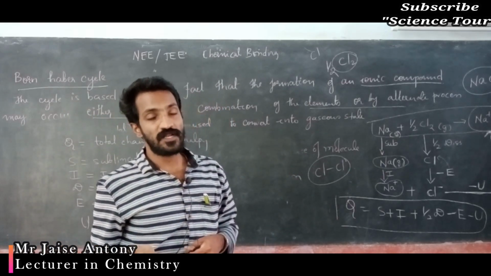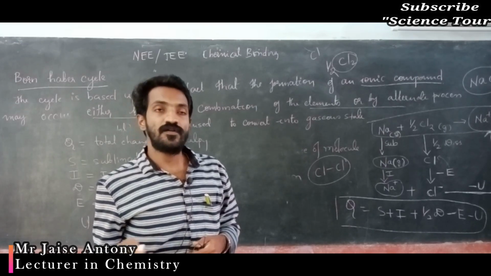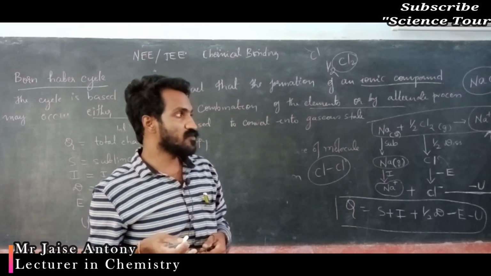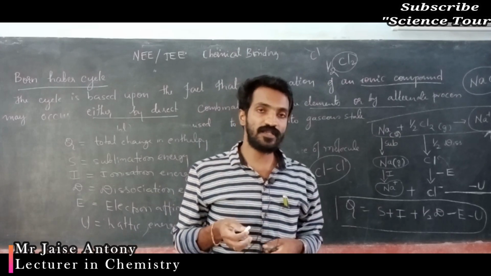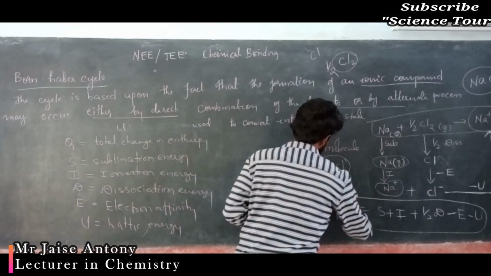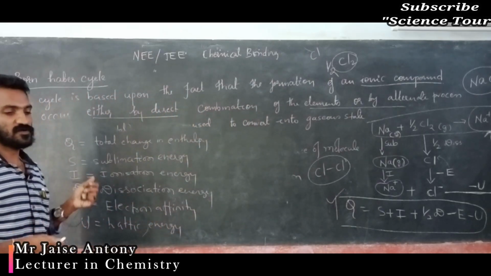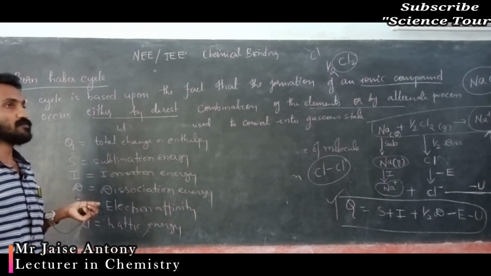That is called cycles of operation, which take place to form 1 mole of crystal lattice, and it is called the Born-Haber cycle. That is not much important, my dear students, but studying this formula is enough. Sometimes they may ask for 1 or 2 marks in the board exam also. What is the Born-Haber cycle?